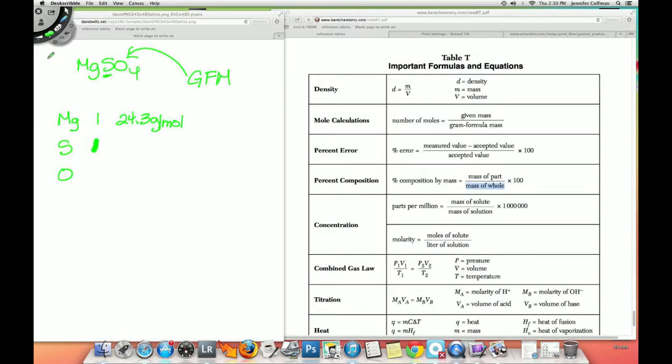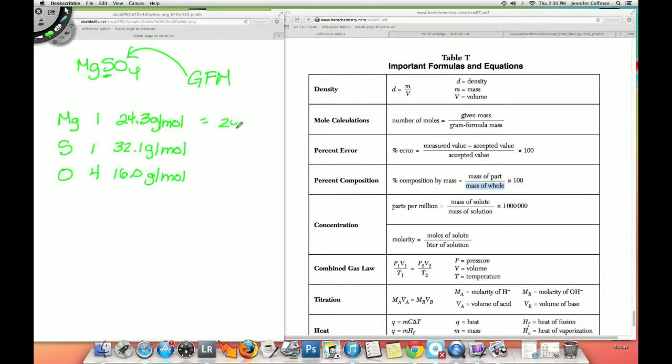Okay, we have 1 sulfur, and it weighs 32.1 grams per mole, and we have 4 oxygens at 16.0 grams per mole.